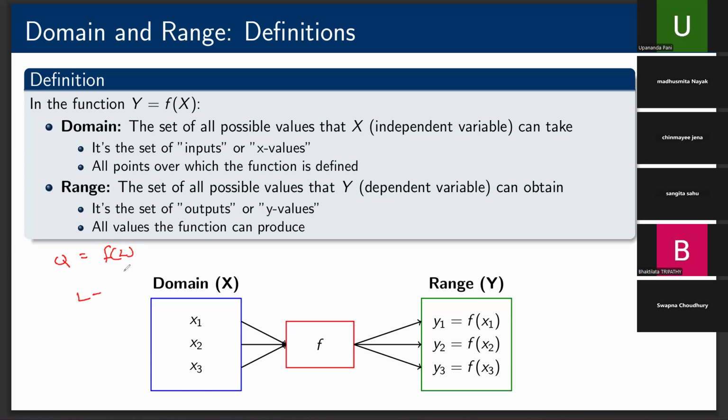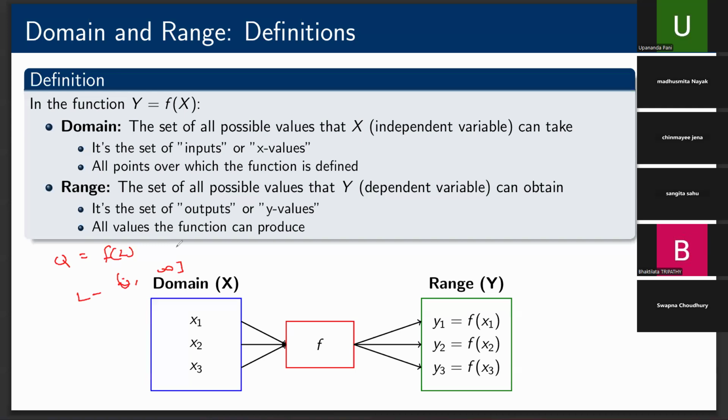The domain of the function here will be 0 to positive infinity. Clear? That may be 0, 1, 2, 3, any positive number. A negative number cannot be in my domain because labor units cannot be measured in negative terms. So labor can take any positive value. That's why this is my domain.